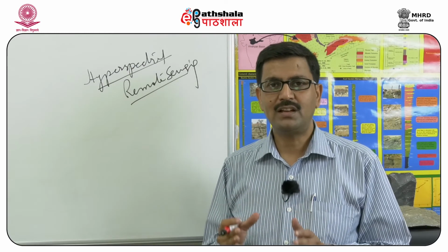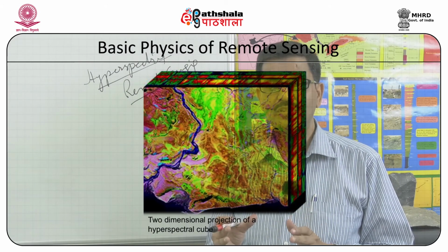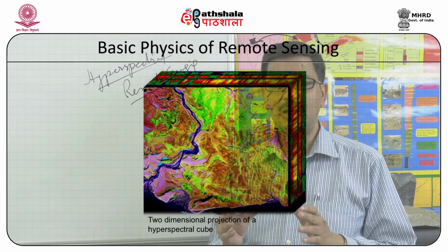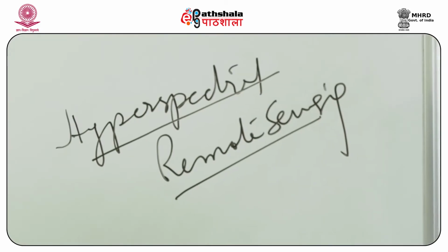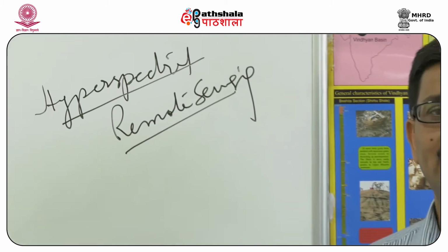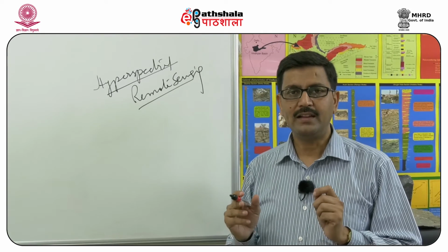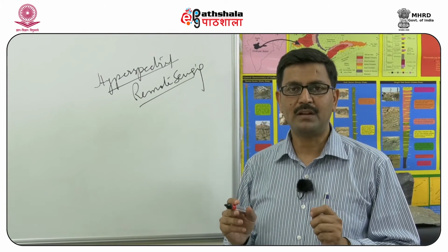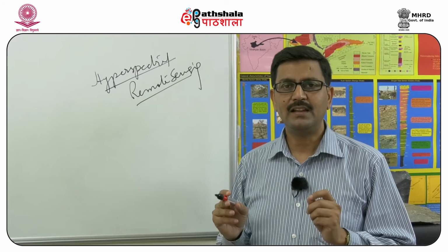If you see figure 1, it shows the 3-dimensional cube of hyperspectral remote sensing data. I will show you some maps and diagrams that give you a better and clear-cut understanding of the hyperspectral remote sensing technique, science and data, and lastly the applications.